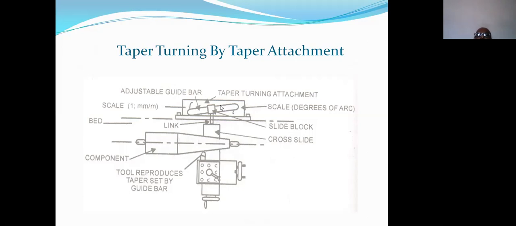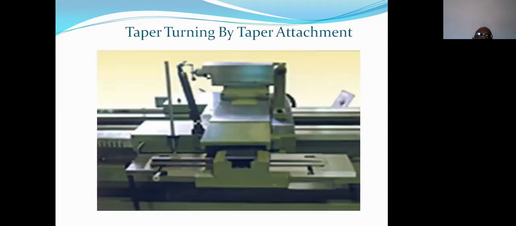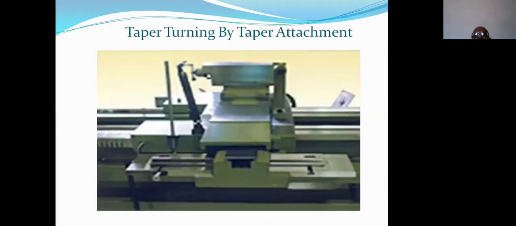That's why the taper turning attachment is provided on the side opposite to the operator. So observe, this is the mechanism provided to produce taper turning operations using the taper attachment.